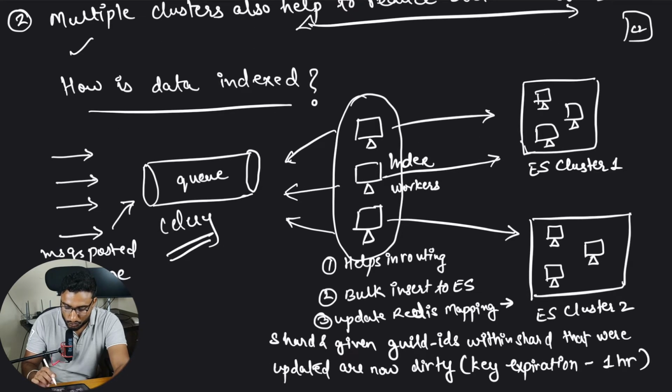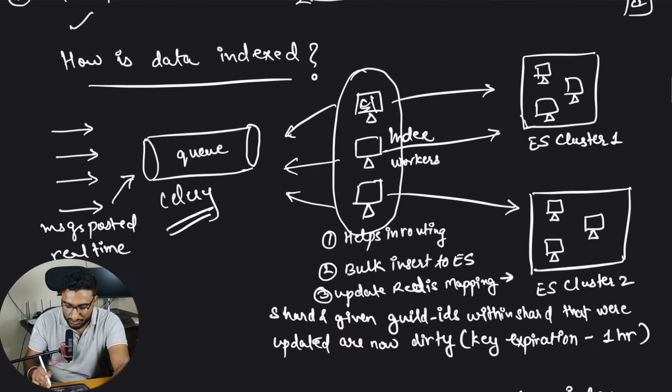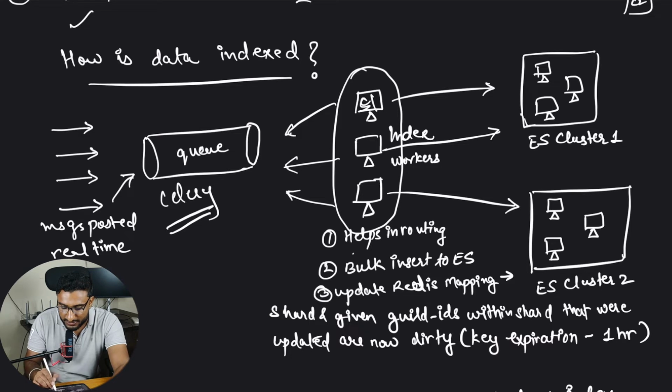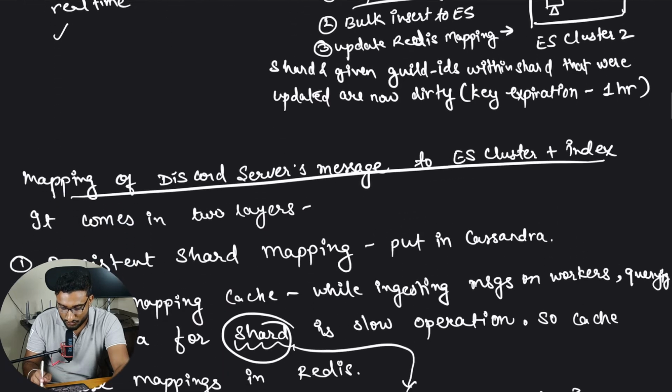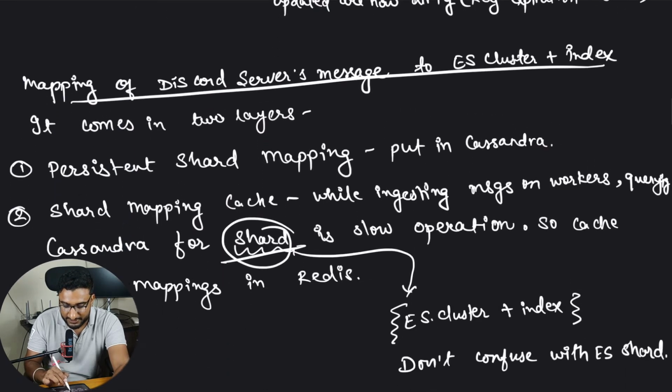They will do three things. First is routing. When we say routing, it means on which particular cluster and which particular index this data has to be stored. This is defined as a shard in the context of Discord terminology.